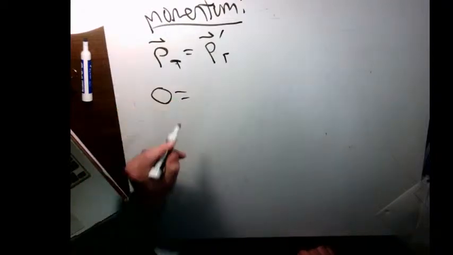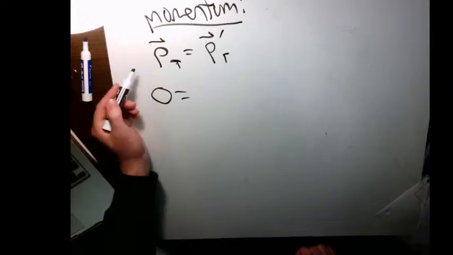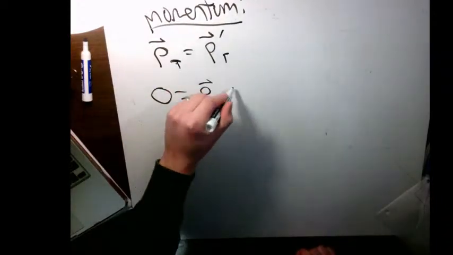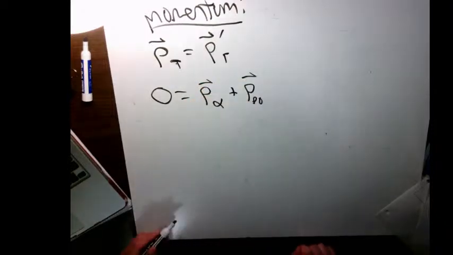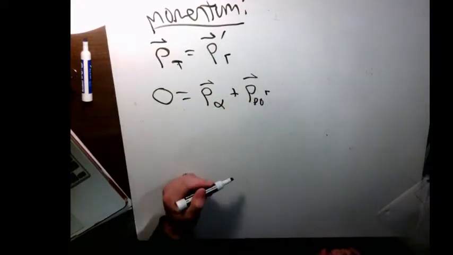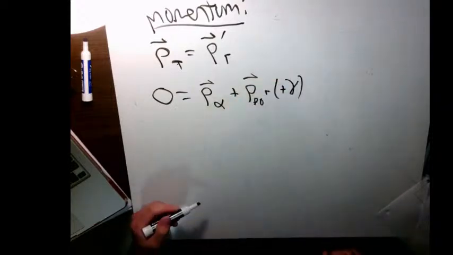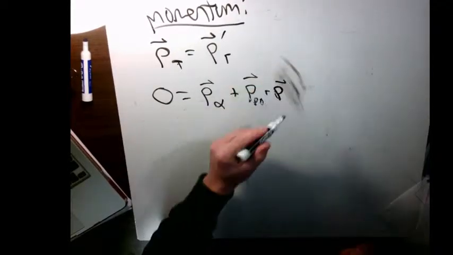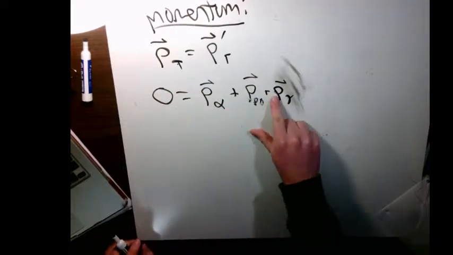Another way we can write it is if our parent nucleus is at rest, we have a 0 momentum. That means that the momentum of our alpha particle plus the momentum of our polonium in this case, or whatever our daughter particle is, plus, if we have any gamma radiation, the momentum of our gamma photon would also need to be taken into account.